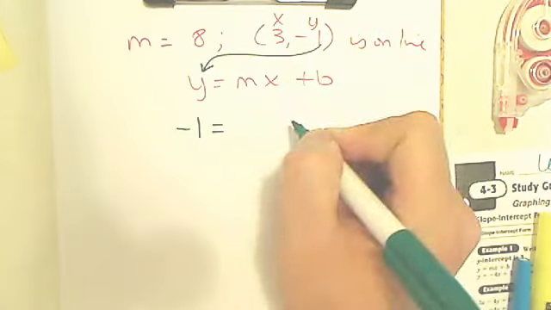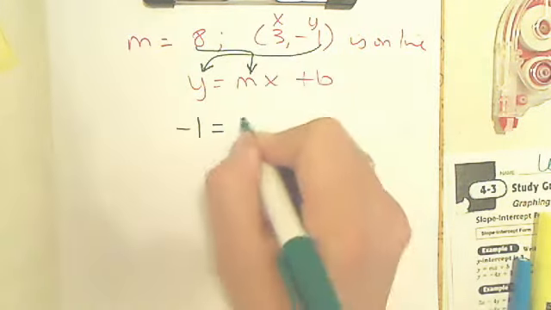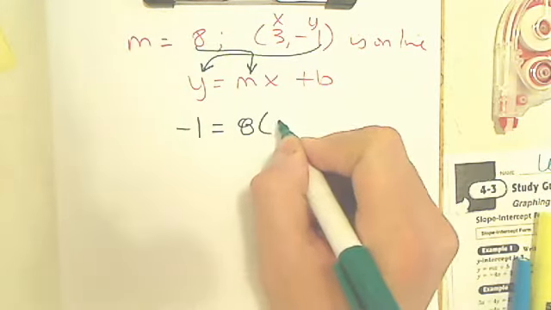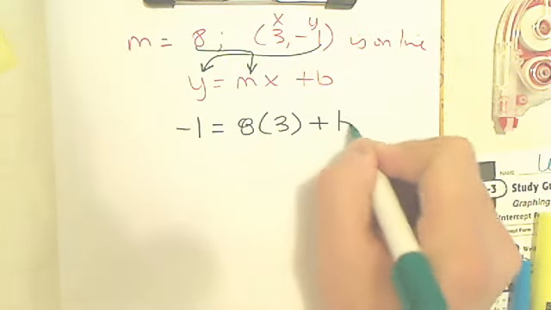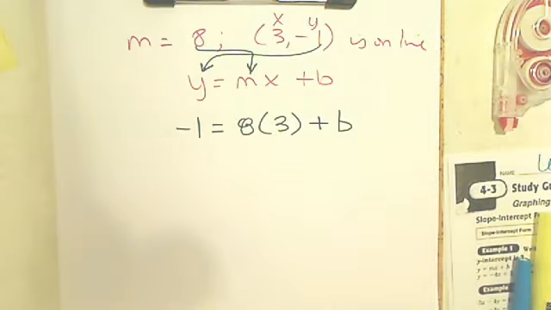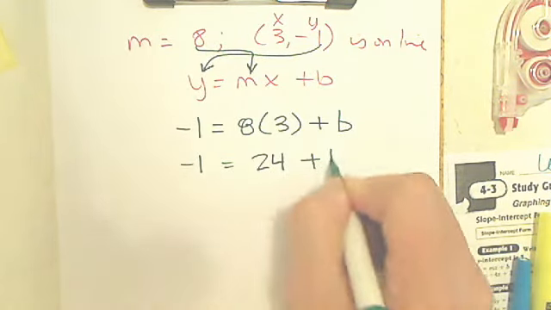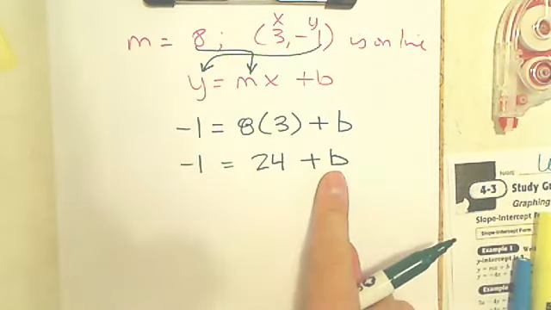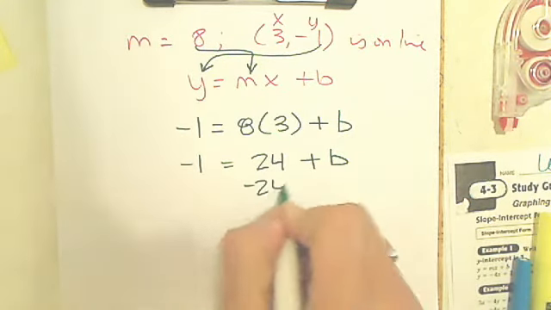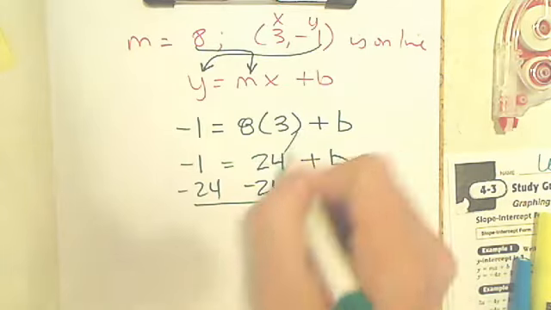Questions on what she just did? Simplify it. b is the y-intercept. One more step. Subtract 24 on both sides. Even it out.